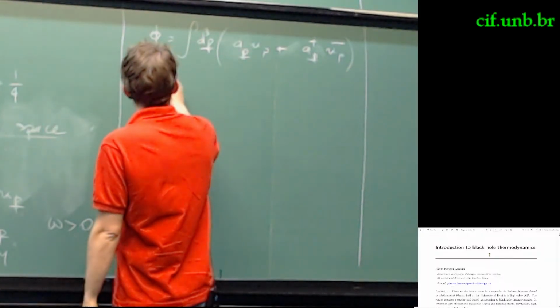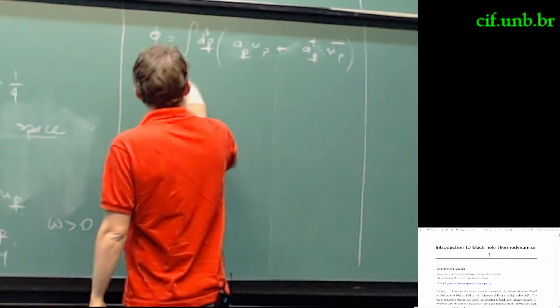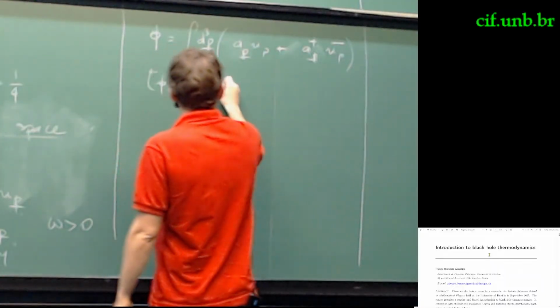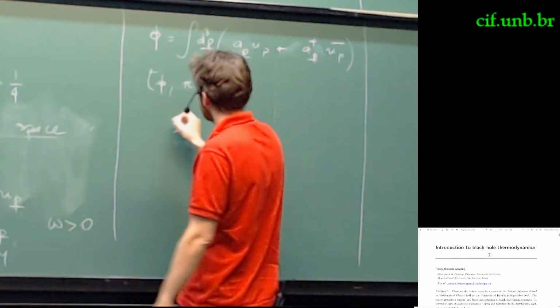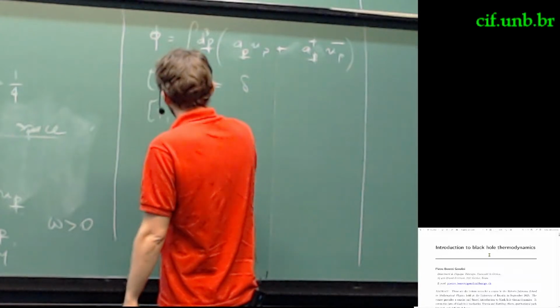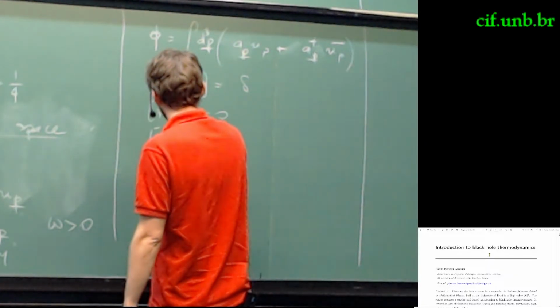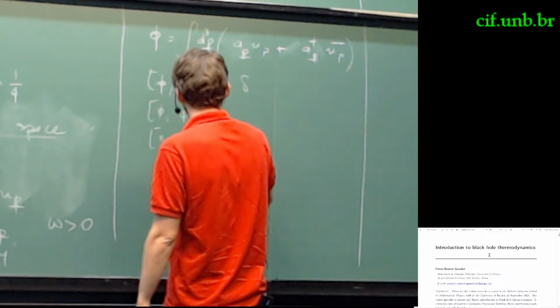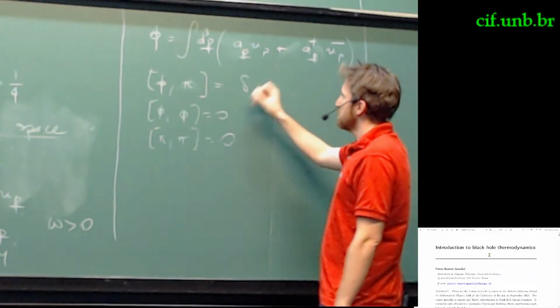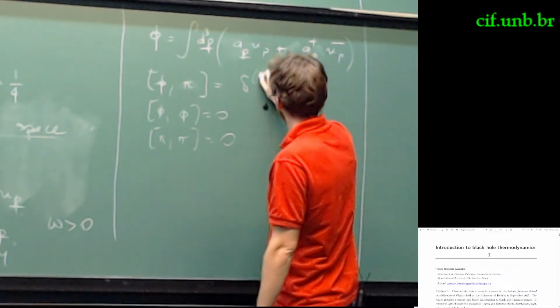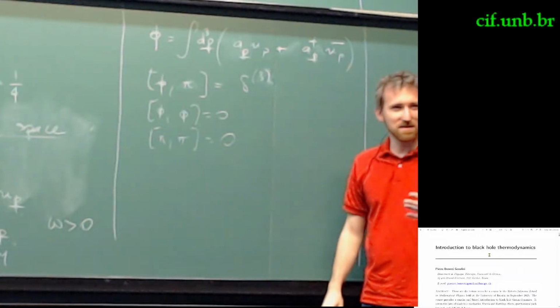So you impose that this is some delta, and that phi... here I'm being schematic, but that's the idea, right?